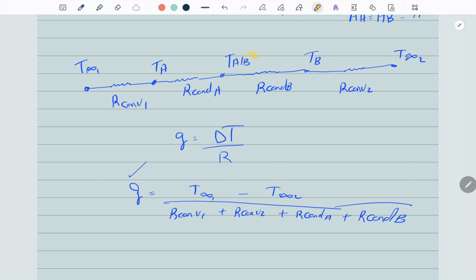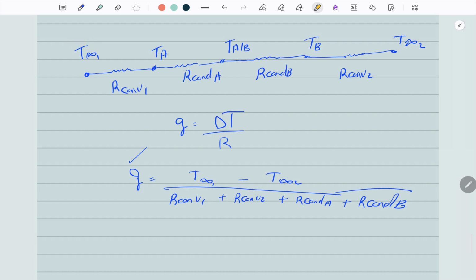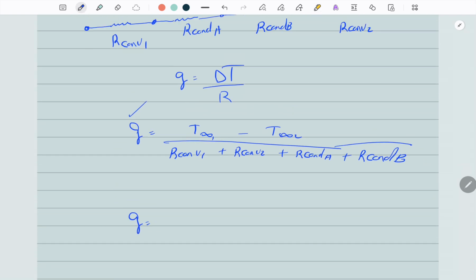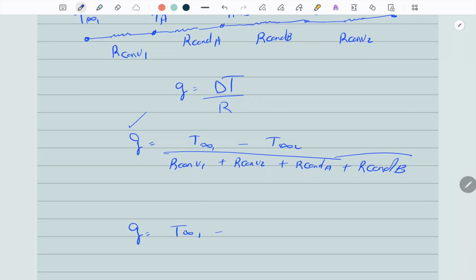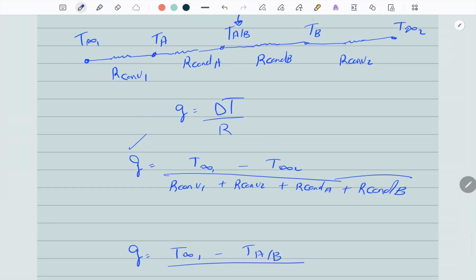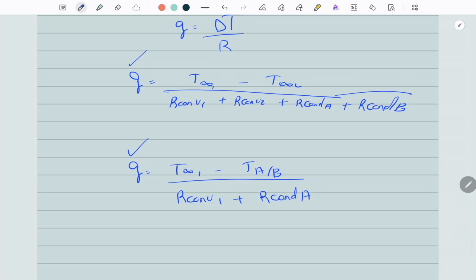For example, if you're also asked to find temperature TB, which is usually not an easy temperature to find, what you need to do is make a cut point in your thermal circuit and solve it the same way you solved for total heat transfer Q, which can be written as Q equals T infinity 1 minus, that's your cutting point, TAB divided by the total resistance in between, which is R convection 1 plus R conduction A. That is already given.